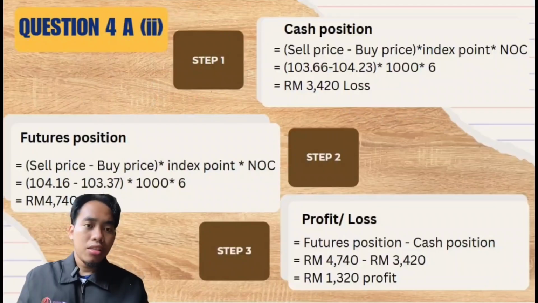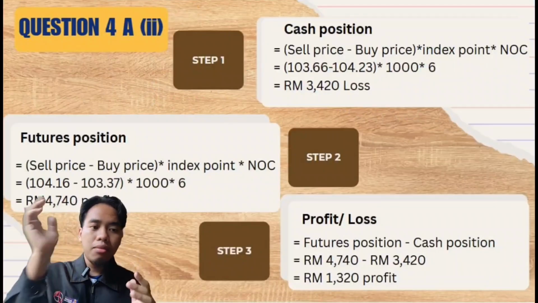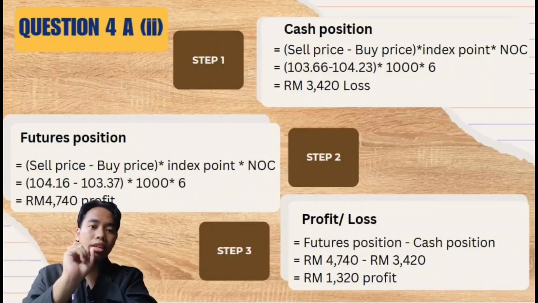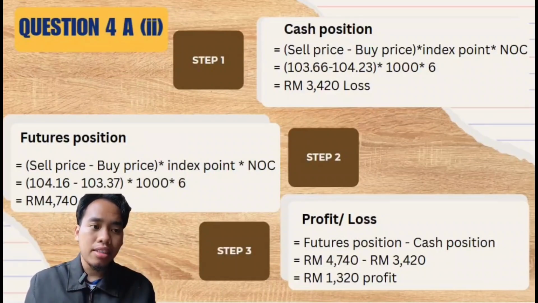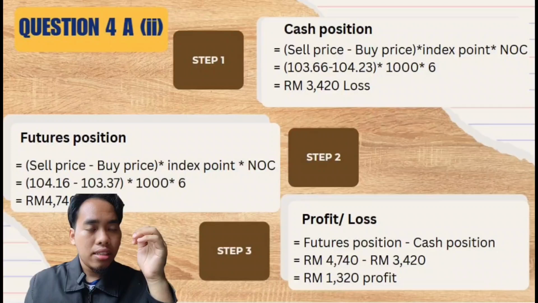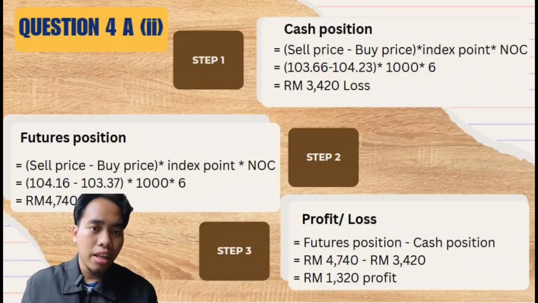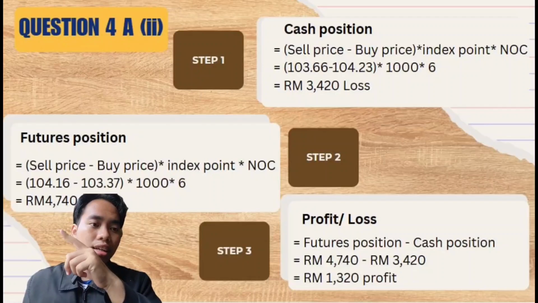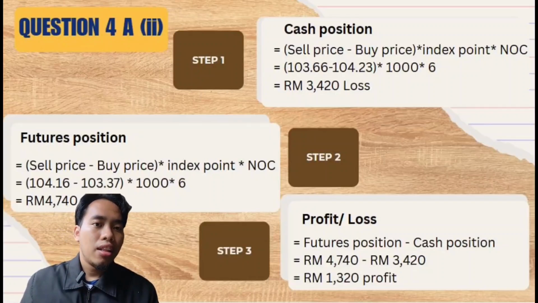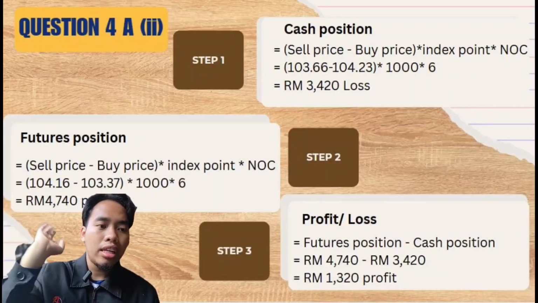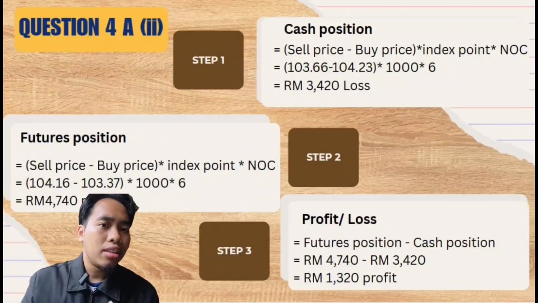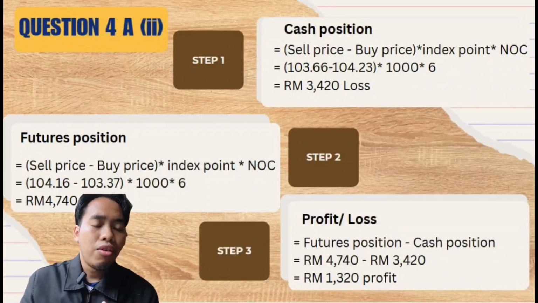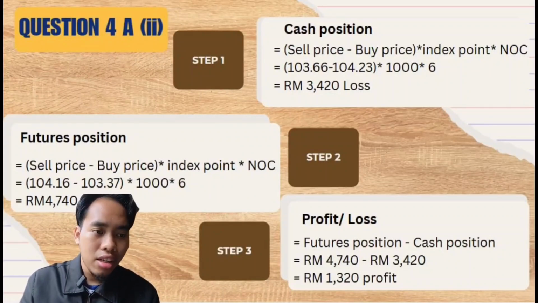So at the cash position, we have a sell price and a buy price, so we take the sell price minus the buy price, times the index point and times the NOC, the number of contracts. You can see here the calculated position: in the cash position we have lost a total amount of 3,420 ringgit.